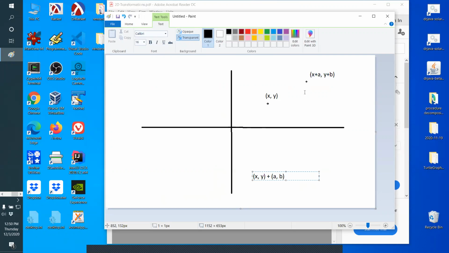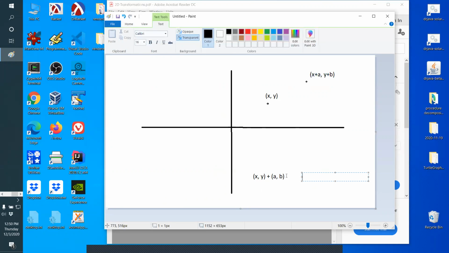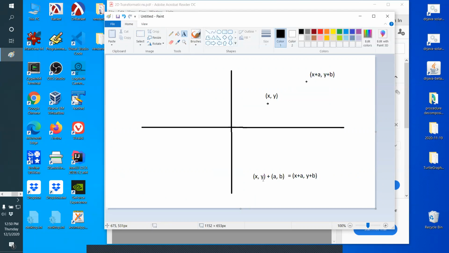To get from here to here, that's vector addition, and vector addition is component-wise: x plus a comma y plus b. There's nothing deep there. But the thing is, you can't get a matrix to give you this result. There's no matrix that's going to give you this kind of an answer.